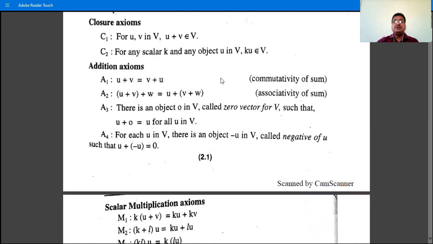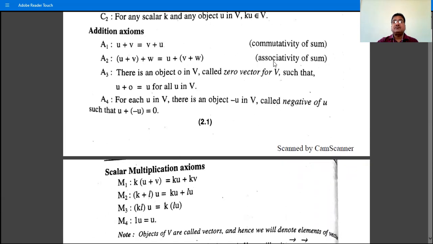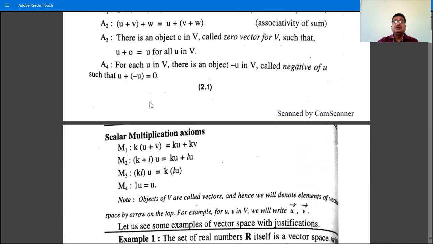Also, this property is satisfied for all elements of R. This property is satisfied for all elements of R. 0 exists in R, the zero vector. 0 is a real number. Then for every element in R, its negative also exists in R.